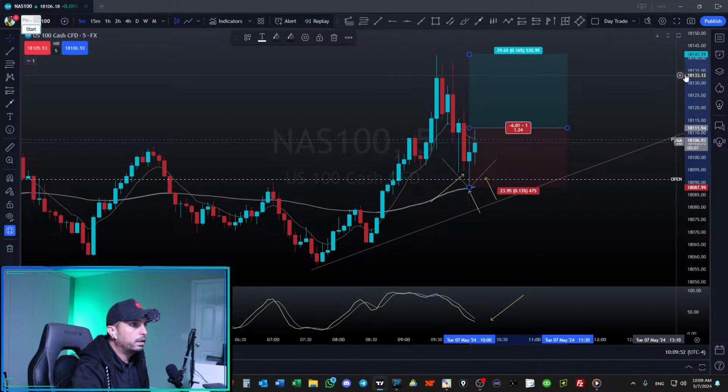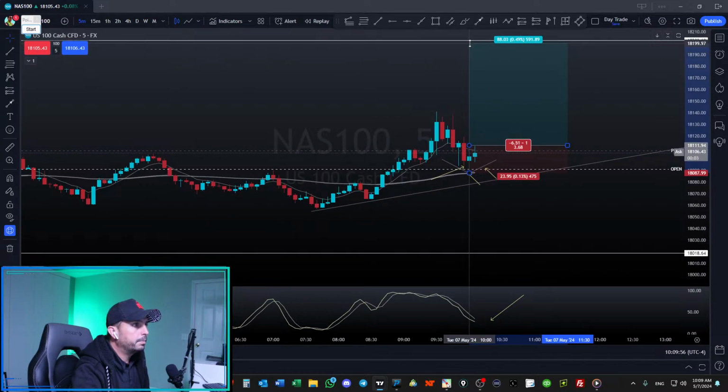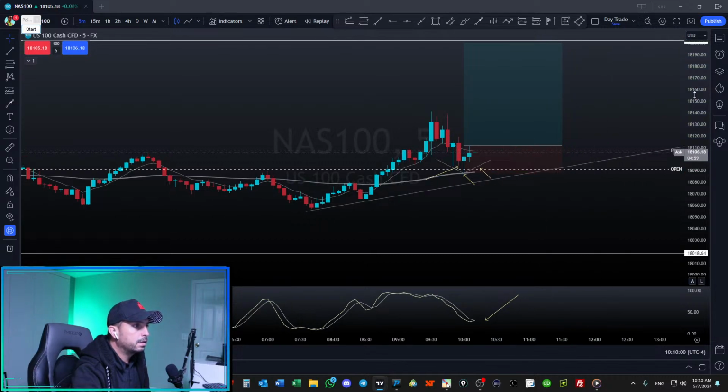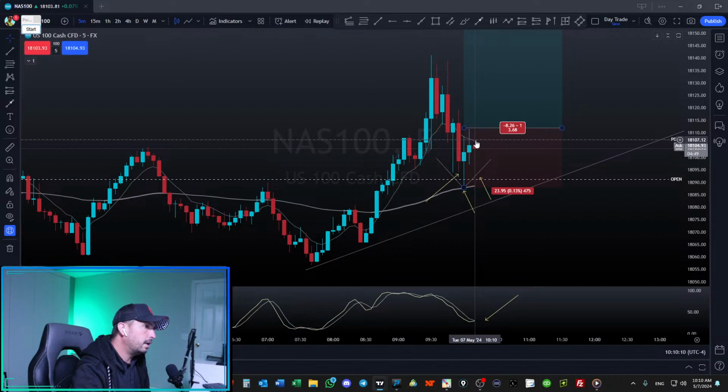This is a 1 to 2. We're going to go all the way up, so it's a 1 to 4. It's a nice ratio. So the price did not, we need the price to close higher than the 8.